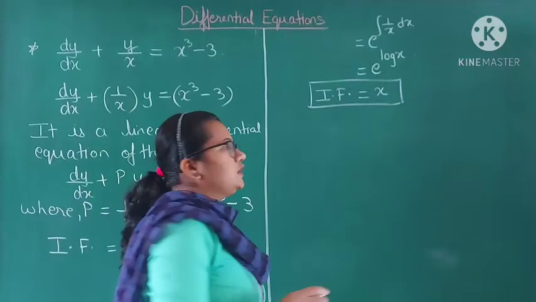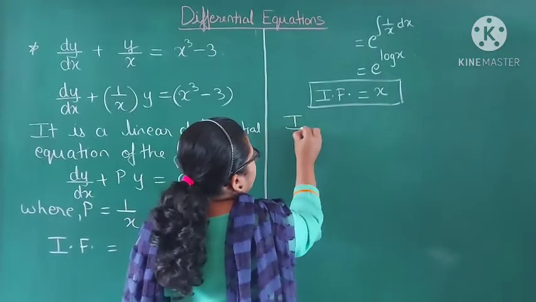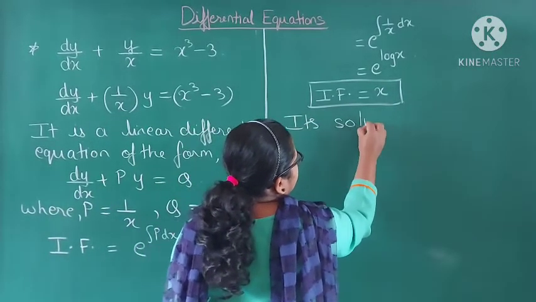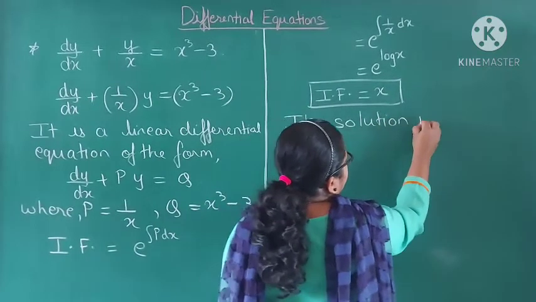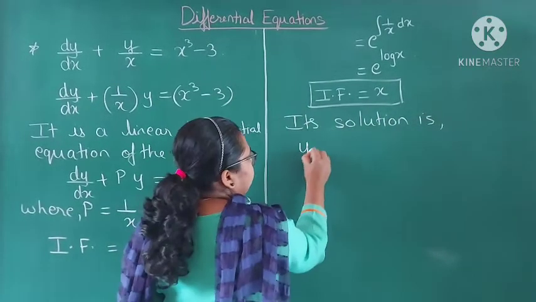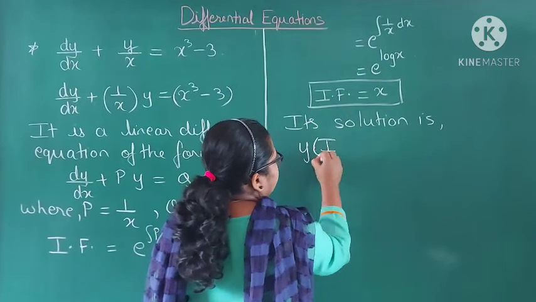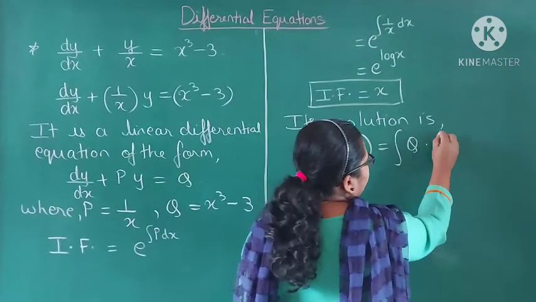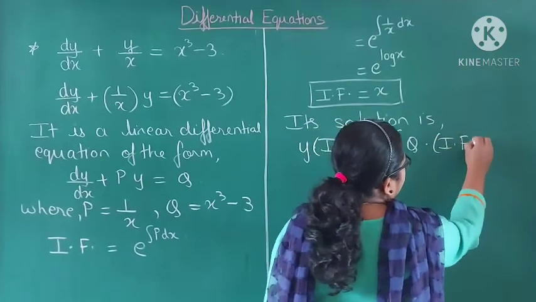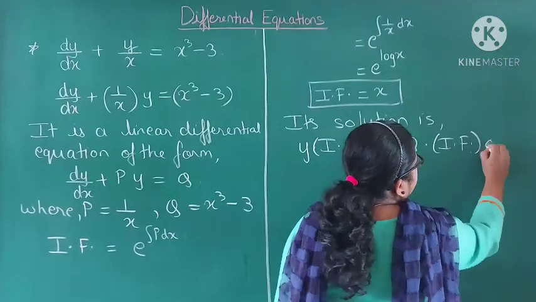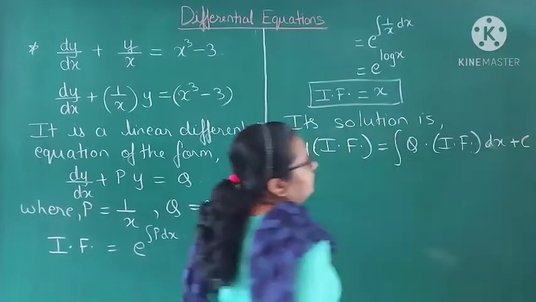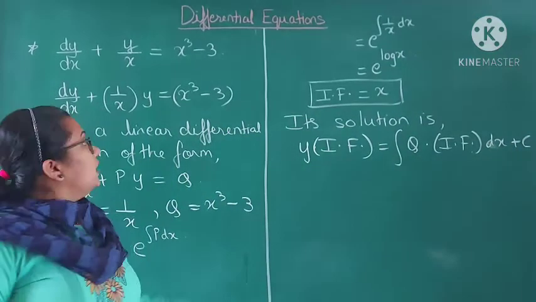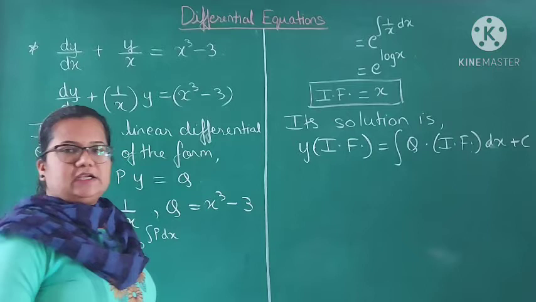Now what is the solution? Its solution is y into integrating factor equal to integration of q into integrating factor dx plus c. This is your solution of the given linear differential equation.